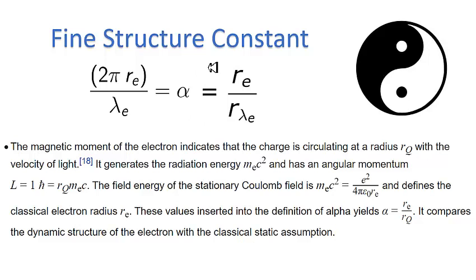It's possible that alpha is just a conversion factor from the static assumption to the dynamic assumption, or vice versa. So that is as close as I've gotten so far to a physical meaning of alpha in the context of my own particle model.